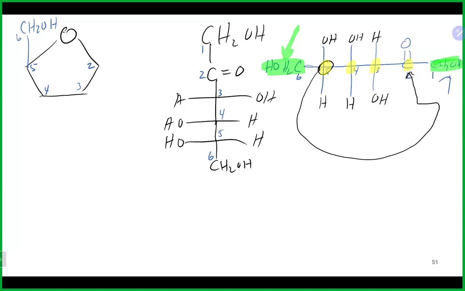So we'll go to number 4 and we see our OH group is up. We go to number 3 and we see our OH group is down. And now we were going to draw, I believe, the beta, if I'm not mistaken. So that means that the last OH should go up.